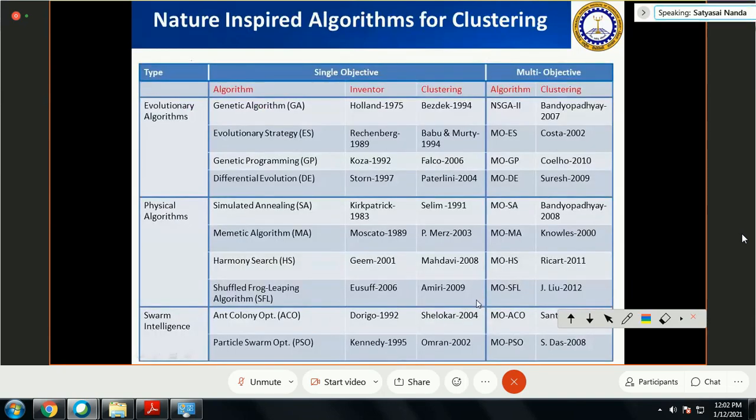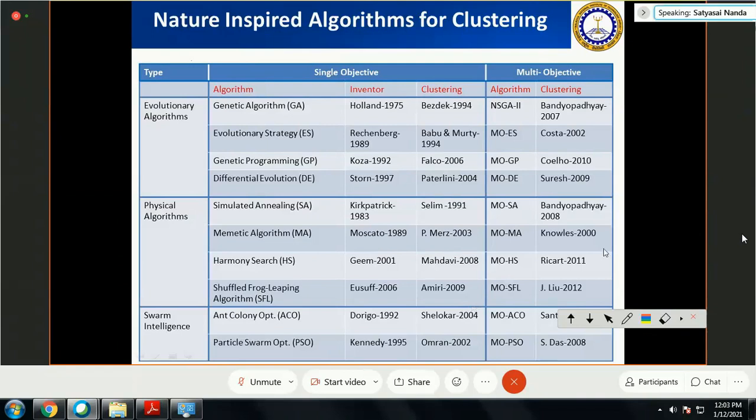There are many types of nature-inspired clustering algorithms that have been developed over the years after John Holland invented the genetic algorithm. The genetic algorithm is the first algorithm which is, we can say, nature-inspired, and it has been applied for several applications, but I have jotted down here those papers which have been effectively used for the clustering application.